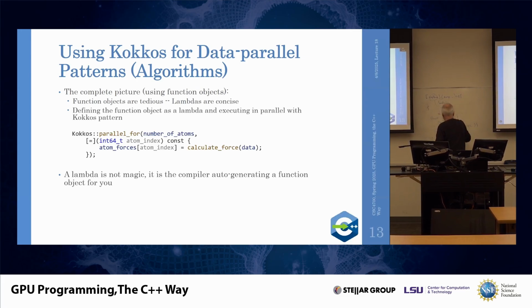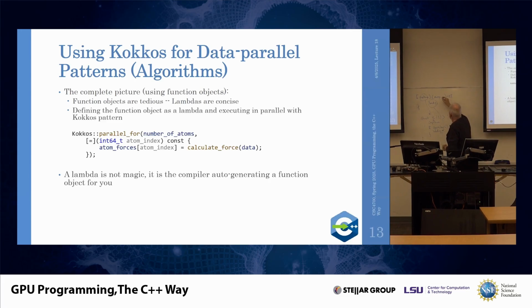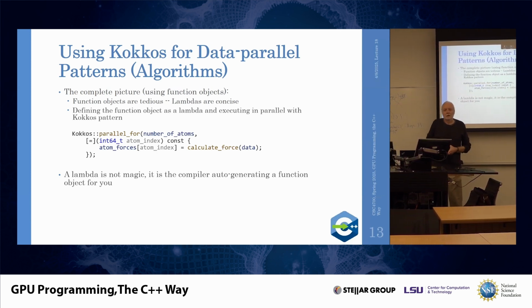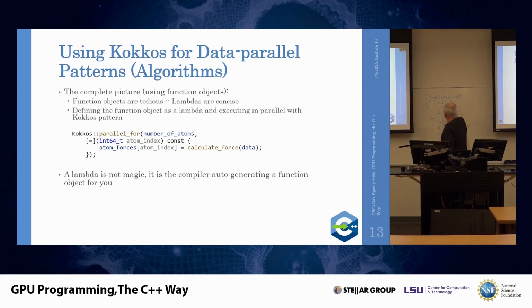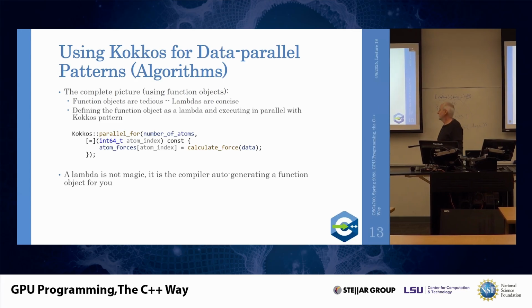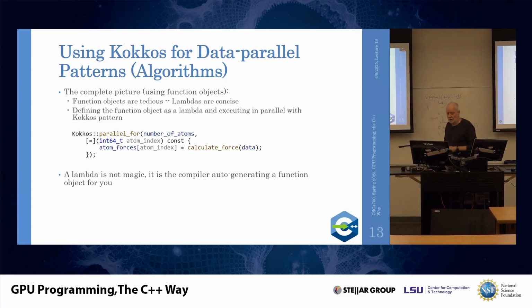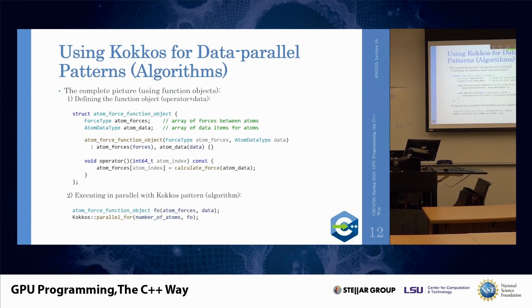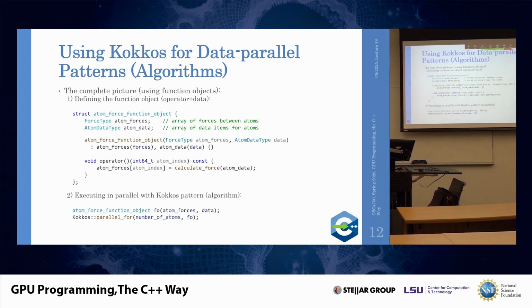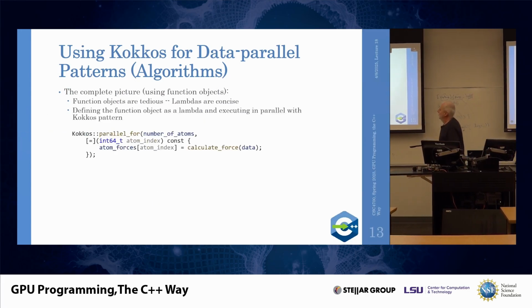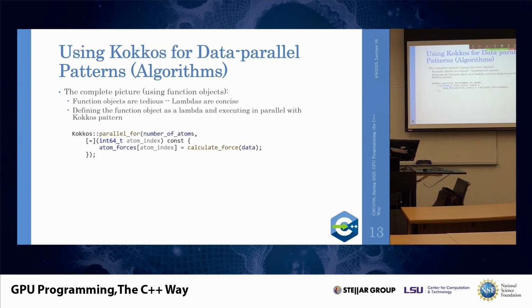The body is just copied over into the body of that operator. The arguments are used as arguments to the function operator, and the return value is used as a return value of our operator. And that's it. So that makes lambdas really just a simpler way of defining a struct that has that function operator, without defining a struct. That's why there's a clear equivalence between using the function object as we did it here, where we have to define that type separately, tediously, or we can write it as a lambda, which does exactly the same thing.